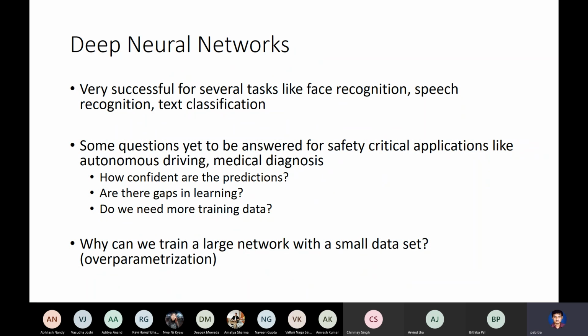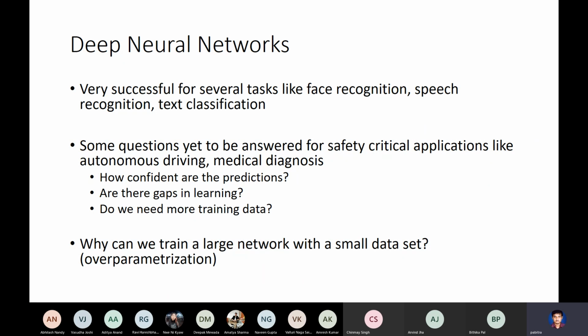Also, there are some theoretical questions that are unanswered. For example, deep learning algorithms have been found to work even for relatively small data sets, even though the number of parameters in a really deep learning network is very, very high, in millions. Usually the philosophy in machine learning is that the number of data points should exceed by far the number of parameters, but the reverse happens here.